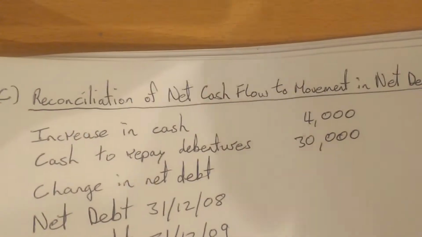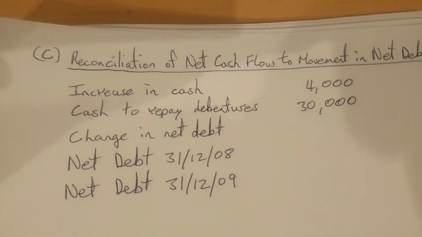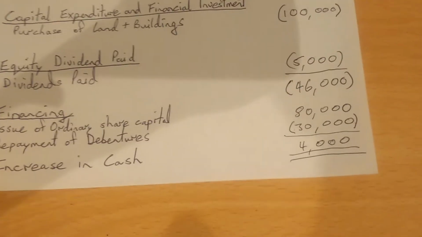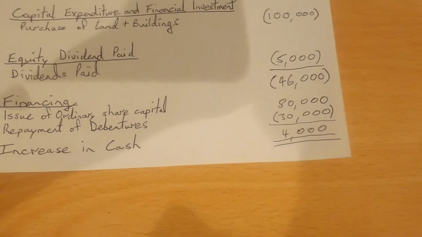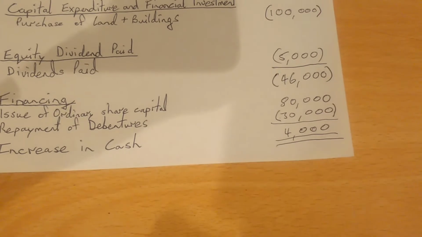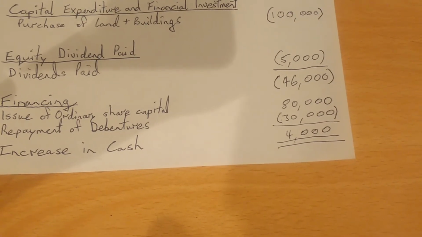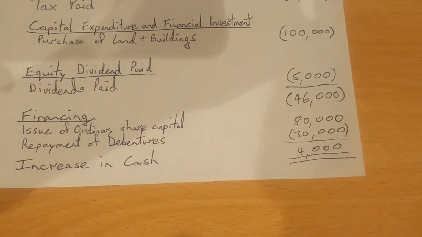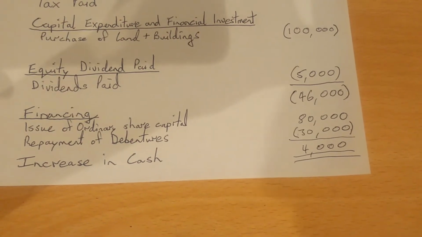We put it in as a plus in this reconciliation statement, even though if you remember in the cash flow statement it went in as a minus. There we see the repayment of debentures. Because in the cash flow statement it's all about money in and money out, and if we repaid that 30,000 loan, that was money going out, and we treat it as a minus.